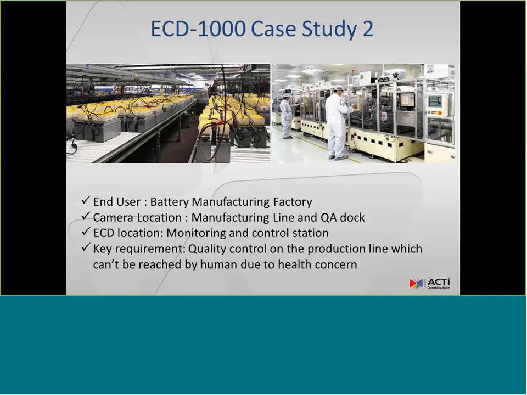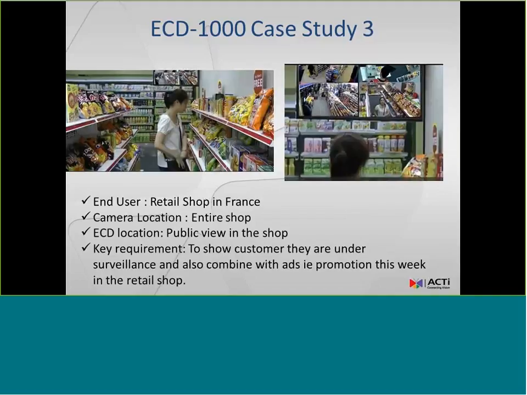Sorry, case study 3 is in retail. In the US, Europe, or Australia and New Zealand, there are many supermarkets or clothing stores. When you enter at the gates, you will see a monitor hanging from the ceiling which shows the CCTV. It tells the customer that this store is under surveillance.